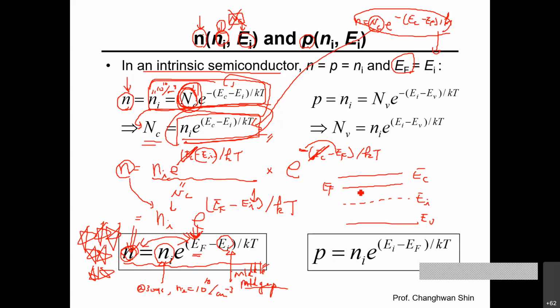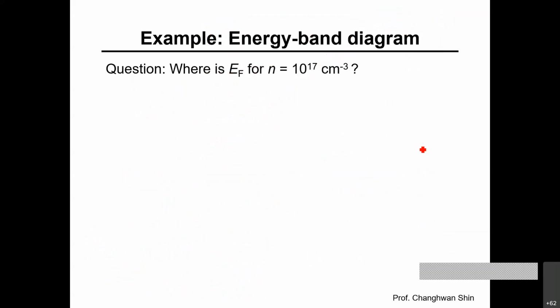Once you know E F minus E i, I'm talking about this power term, right, then you know the electron concentration. So let's move on to the next example first. I will get back to the previous slide soon.